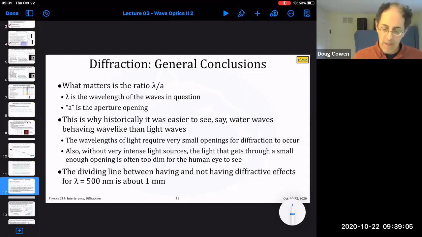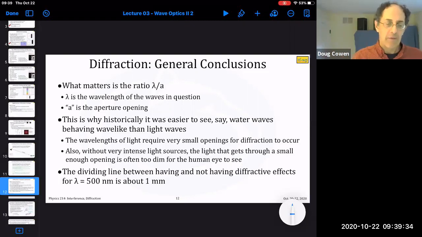Because in order to get light to diffract, you need an opening that's very, very small. It was pretty hard to make. And even if you were lucky enough to make one, or had it happen naturally, the light that went into that opening was rarely intense enough to see the diffraction pattern that would come out through that tiny opening. There's not a lot of light that can get through a tiny opening, obviously.